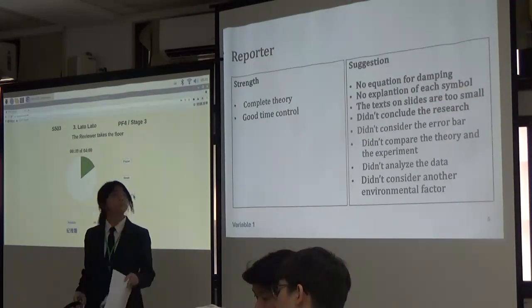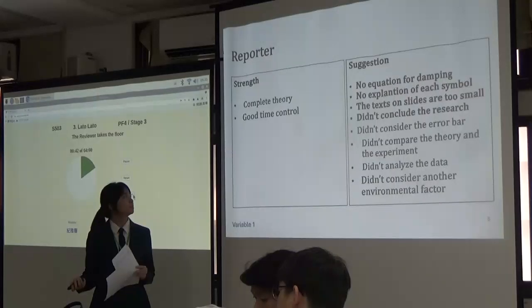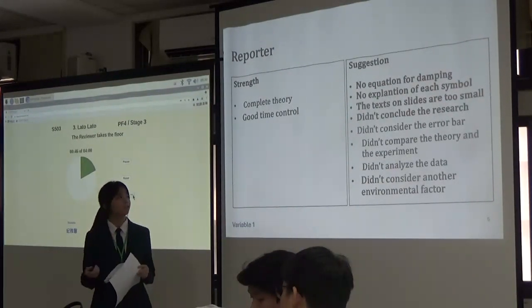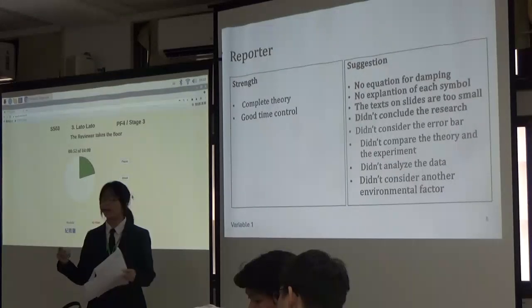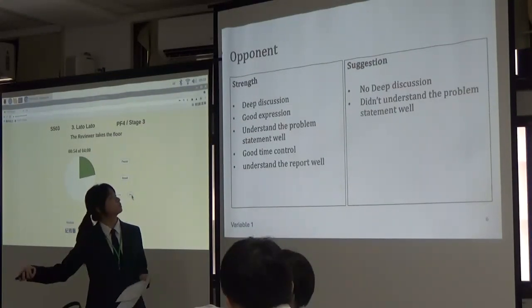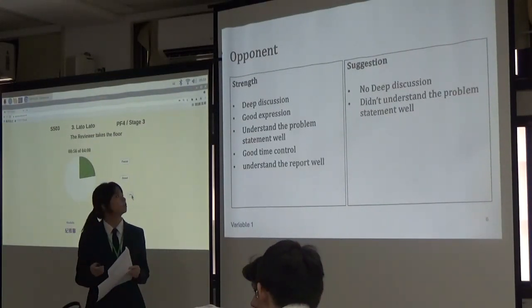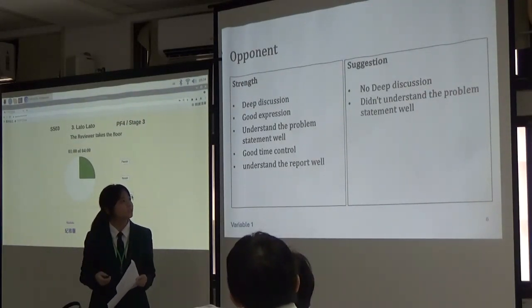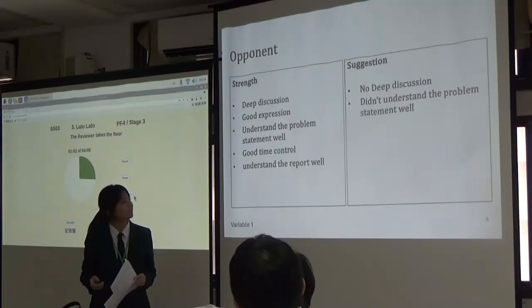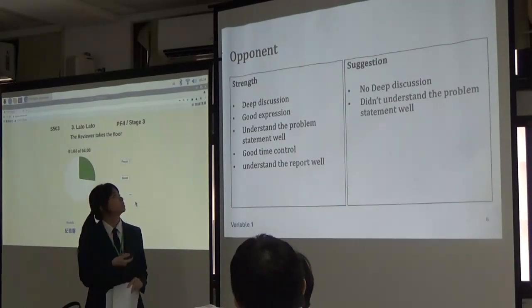The strength for the reporter is that she has a complete theory and good time control, but the suggestion is that there is no equation for damping, no explanation of each symbol, and no explanation of chaos. The strength for the opponent is that he has a deep discussion with her, but he didn't understand the problem statement well.